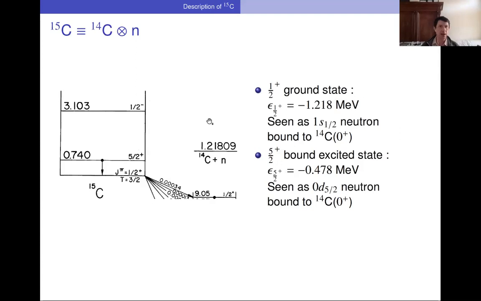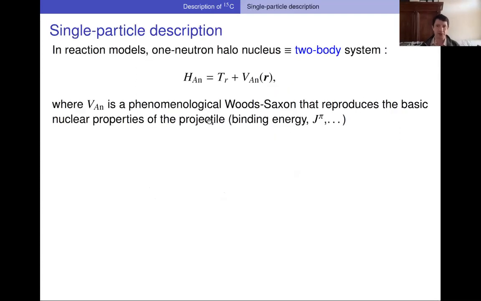In usual reaction models, you would have this single-particle Hamiltonian, a kinetic term plus a local potential that simulates the interaction between the core and the neutron.